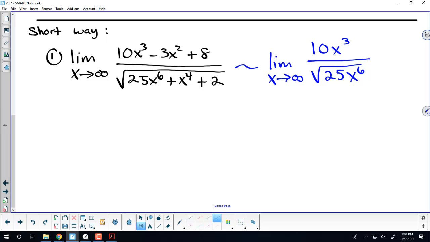And again, it's not that we're taking the square root of all of these things individually. It's just that as x approaches infinity, the contribution of this x to the 4th and this 2 are smaller and smaller, so we don't have to pay attention to those, but only out at infinity.